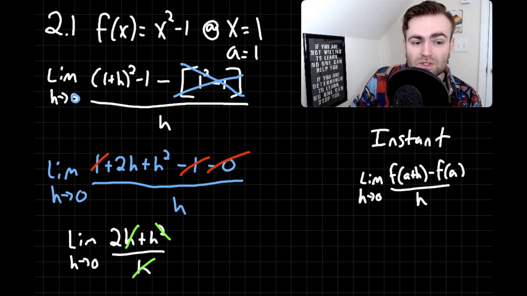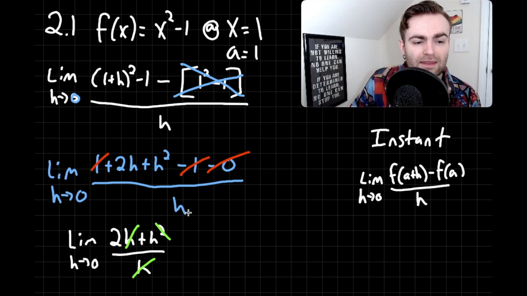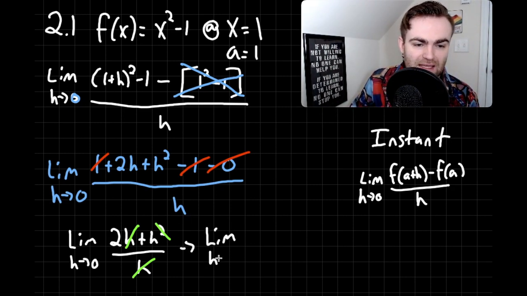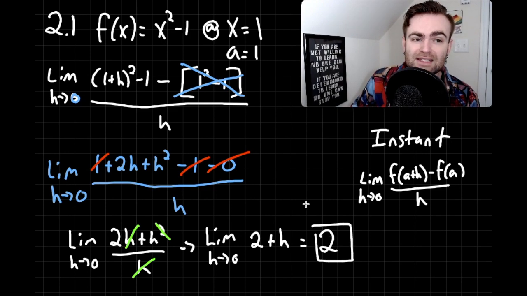Again, we're using division, so it doesn't go away, it just turns into a 1. And that will leave us with the limit as h approaches 0 of 2 plus h. And if we evaluate this limit now as h approaches 0, we get 2. So that is the instantaneous slope of this function at 1.